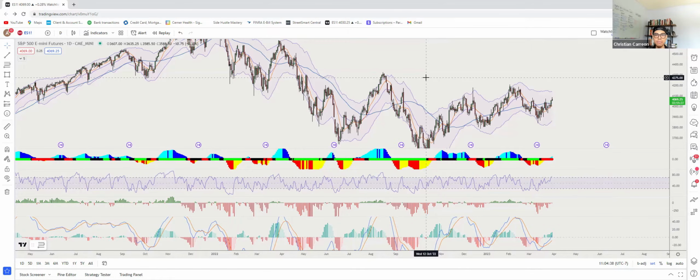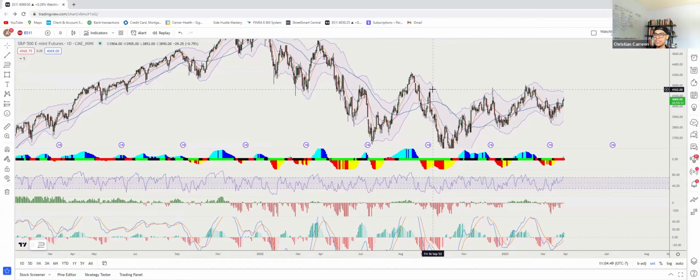I am mainly a NASDAQ and S&P 500 trader for stocks. And so I use the E-mini or the S&P 500 as my market filter. And it dictates what my positioning is going to be. Am I going to be bullish for the next few weeks, the next couple months, or am I going to be bearish?